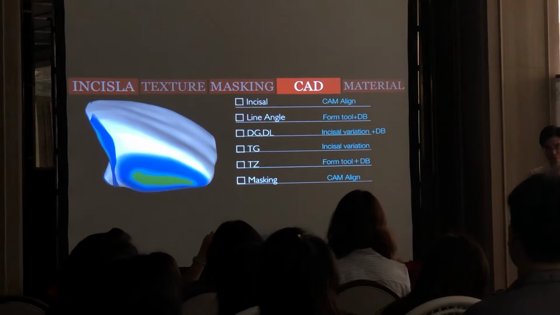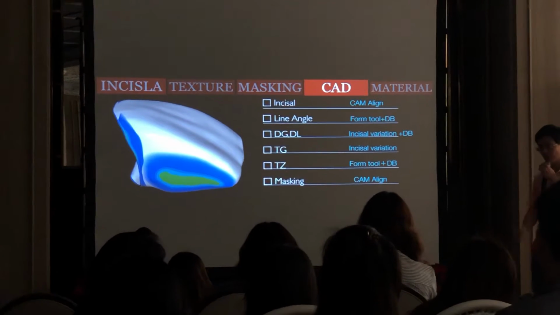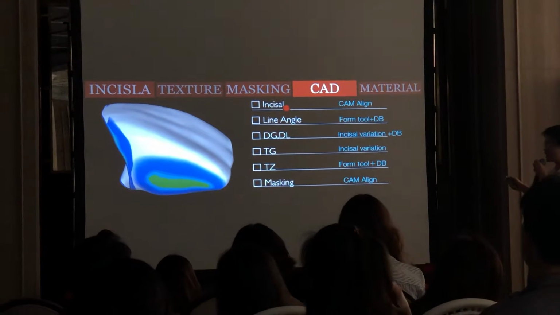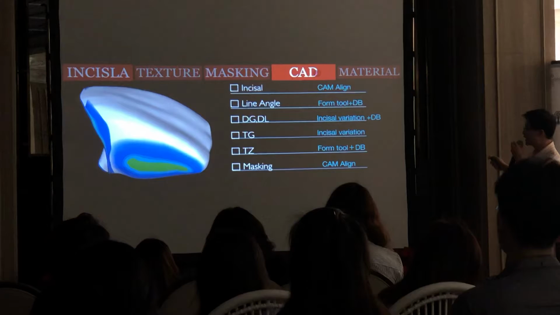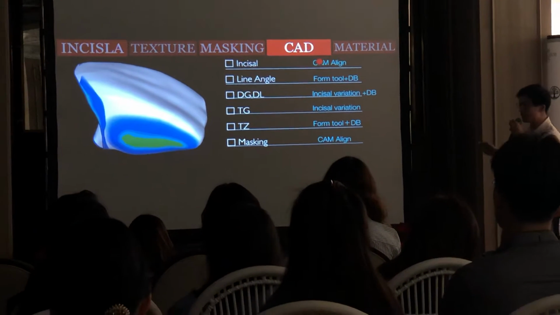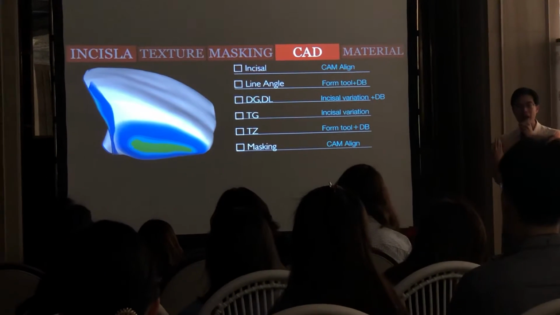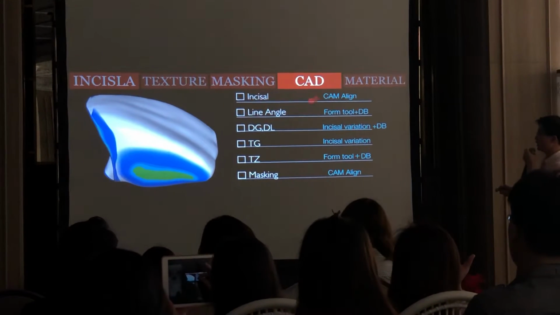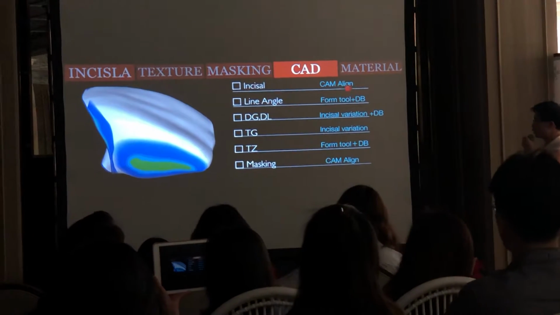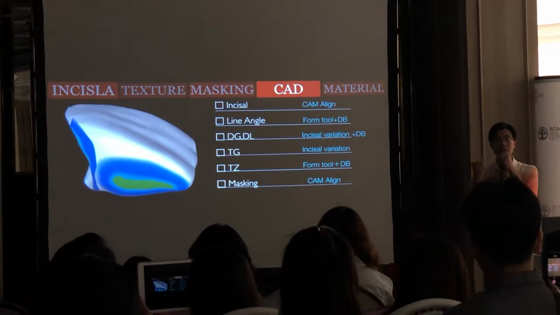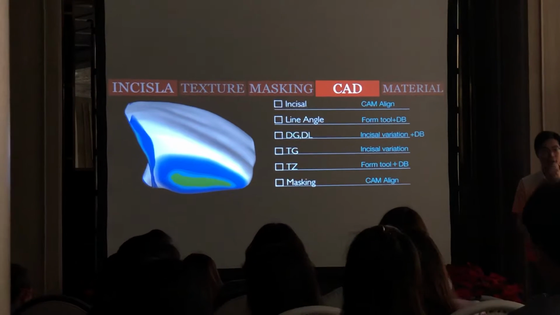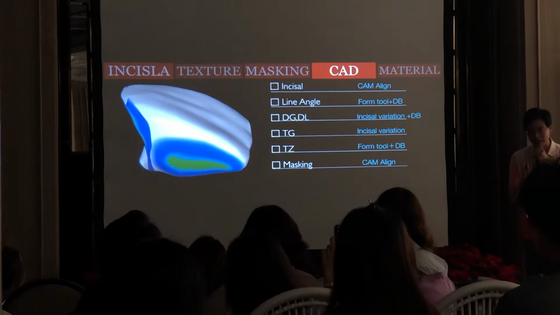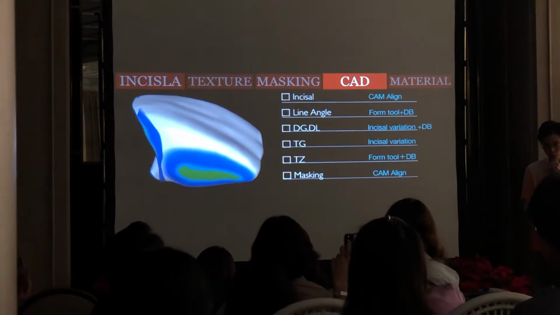If you take the photos we mentioned, and you want the incisal edge translucent like a box type, in the CAD they will use the tool to align the multi-layer block. If you want a stronger line angle, they will use the form tool and the tooth database to choose the correct strong line angle anterior tooth for you.